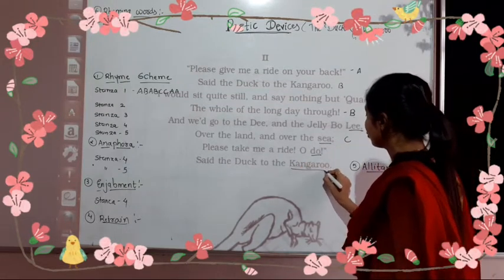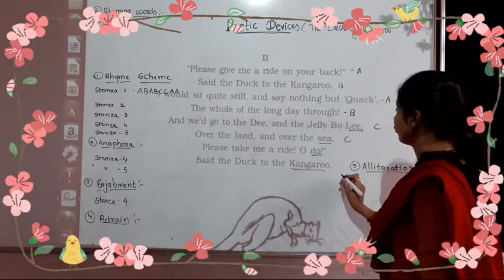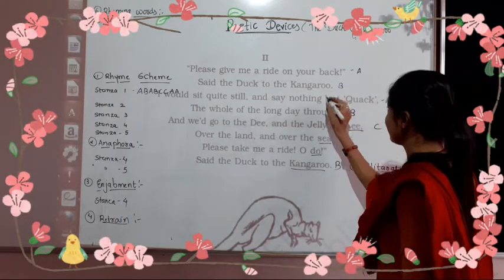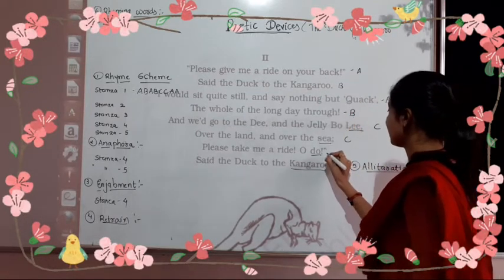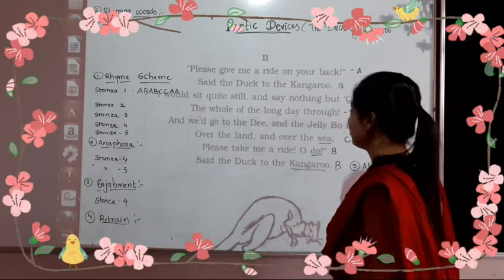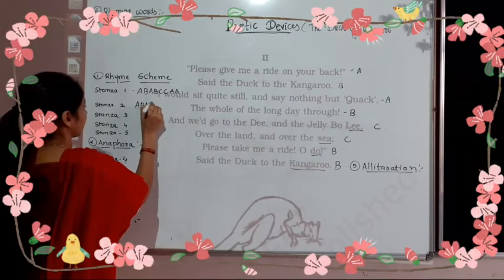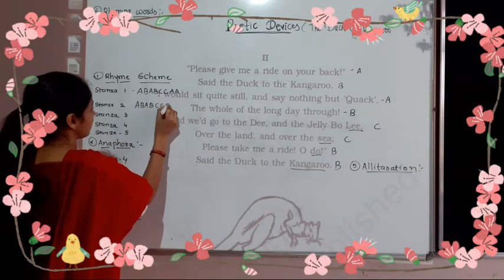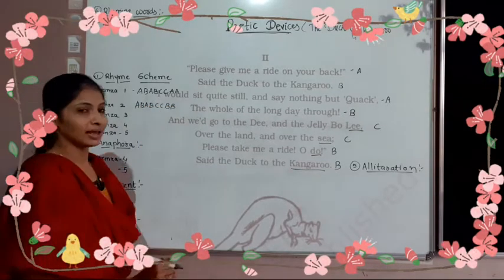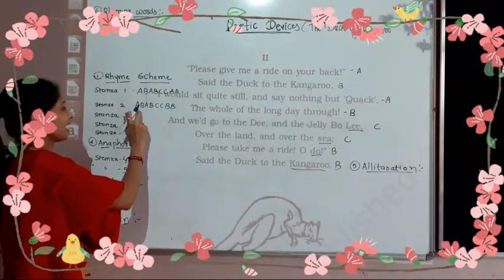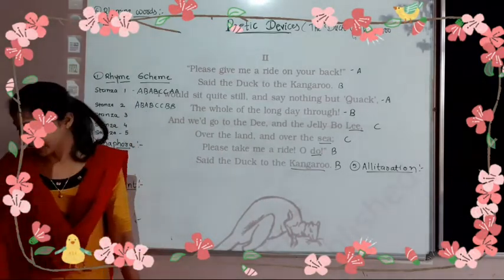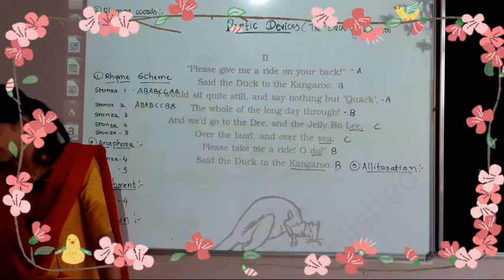Do and kangaroo, so here B and B are the same, so we use B. A, B, C, B. So in the second stanza the rhyme scheme followed by the poet is A, B, C, B.